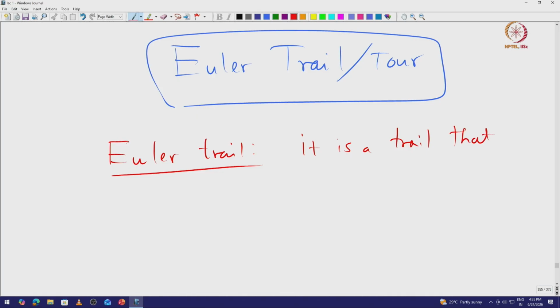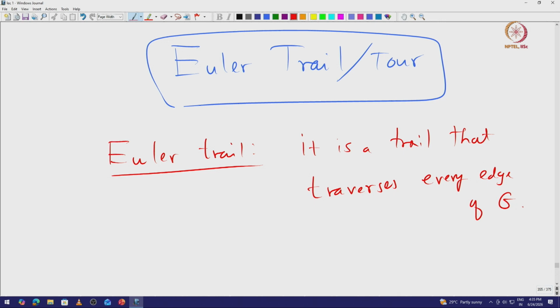Note that in a given trail all the edges must be distinct. Indeed, Euler was the first one who investigated the existence of such trails in graphs, related to, as I said, the Königsberg bridge problem. That is why we call this an Euler trail.